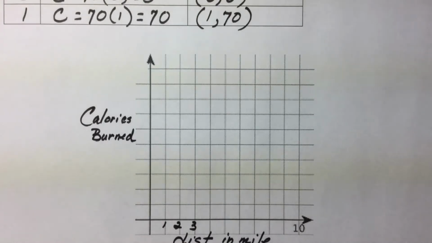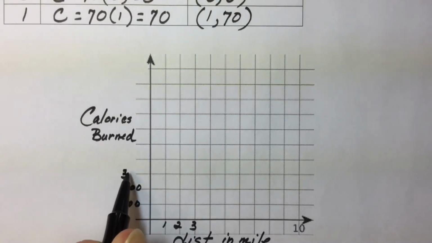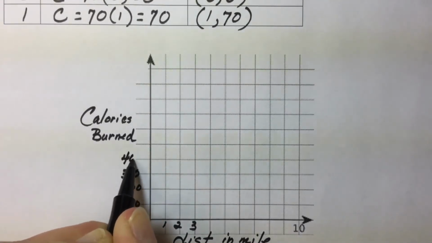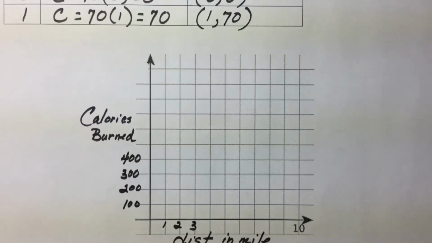If we used 2 times 70 is 140, so we can see that the number of calories is going to increase substantially here. So 100, 200, and so on for our scale would be appropriate here. And let's plug in those values.